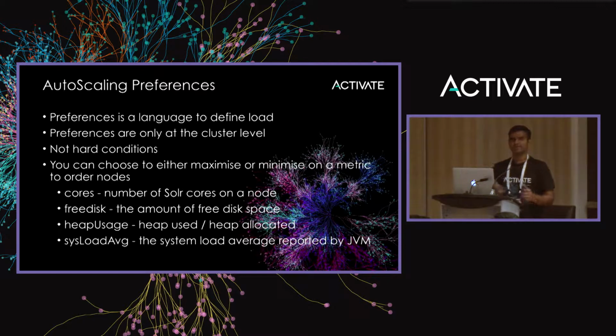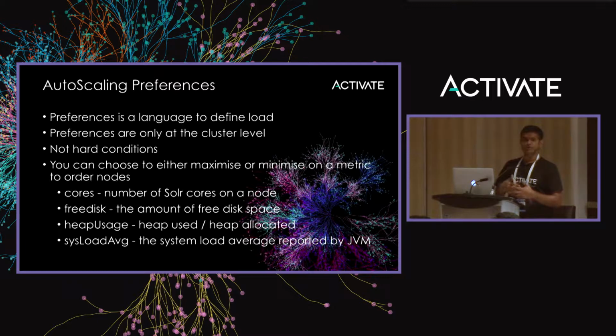So for some example, some of the metrics here are the number of cores on a machine. So you're saying if I was to pick 2 Solr JVMs, pick the one that has the least number of Solr cores on it. So you pick a metric which is either cores, or you say pick it on free disk.